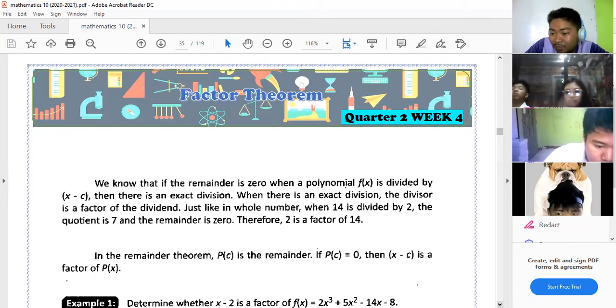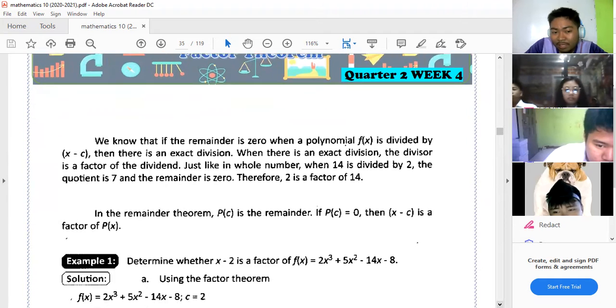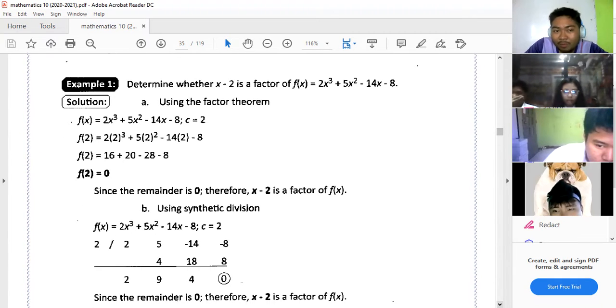Pag sinabi natin factor, it is one of the numbers or expressions na pwede mong gamitin in order for you to get the perfect or exact division. For example, determine whether x minus 2 is a factor of the function f of x equals 2x cubed plus 5x squared minus 14x minus 8.